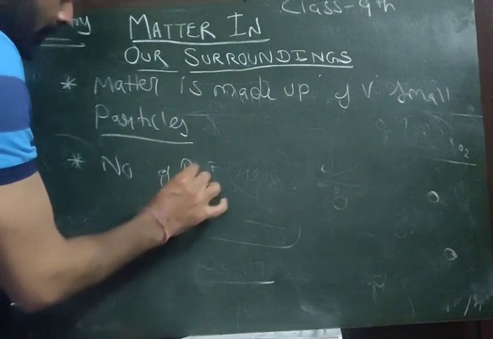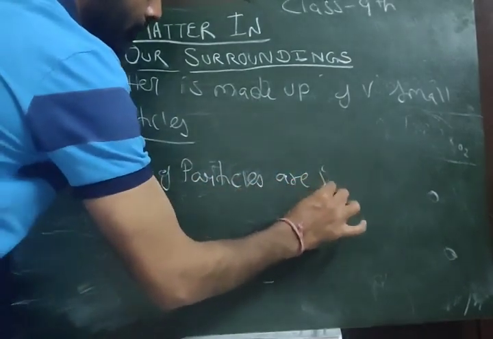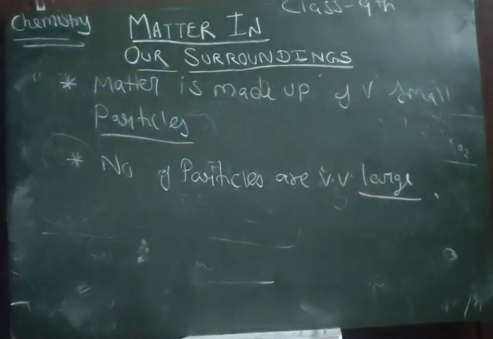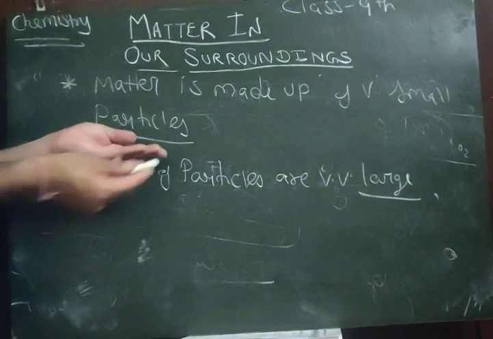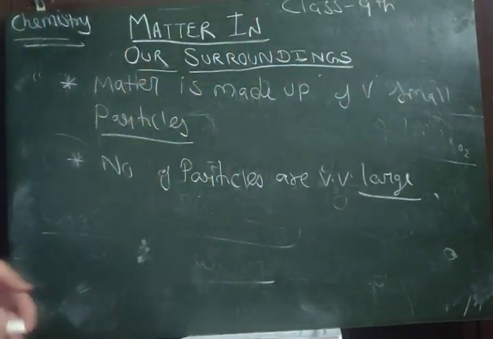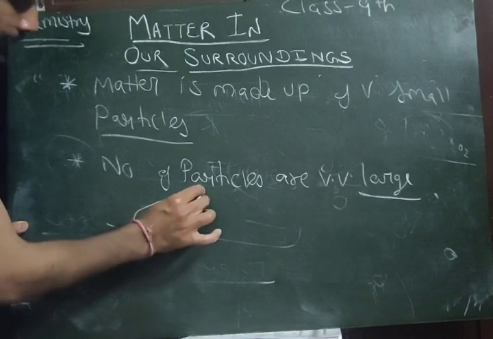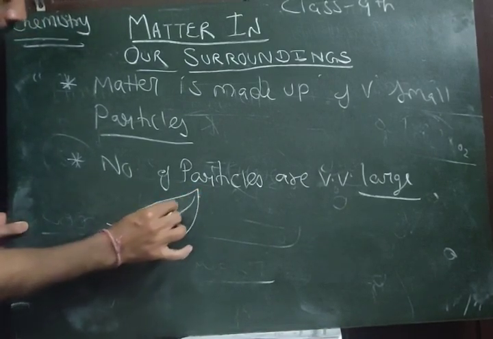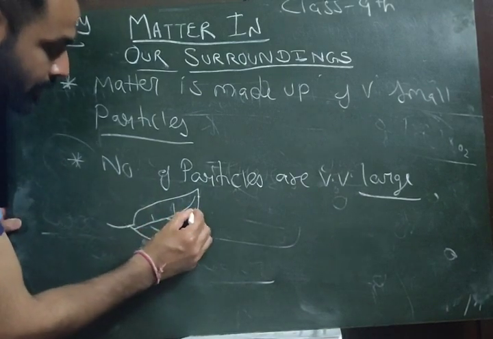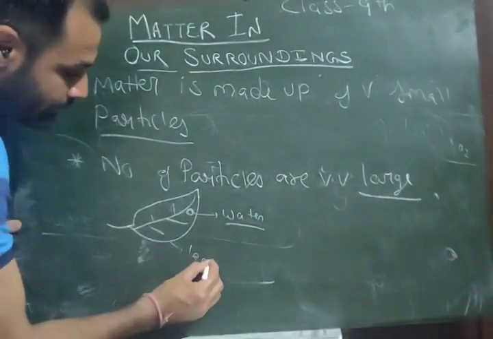The number of particles is very, very large, so we are not able to count them. It means they are very, very small, and that's why the number is very large. A small example: a drop of water on a leaf.